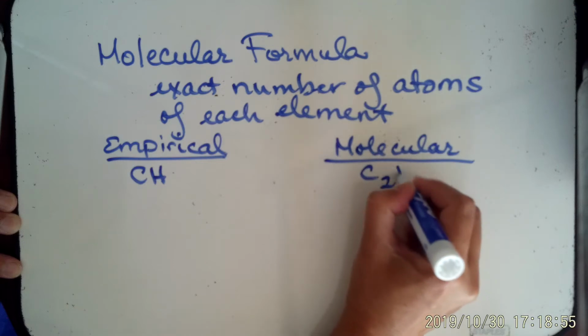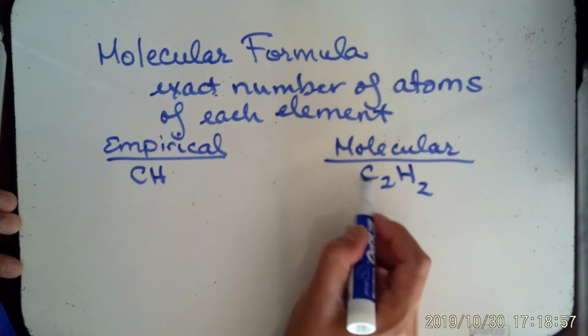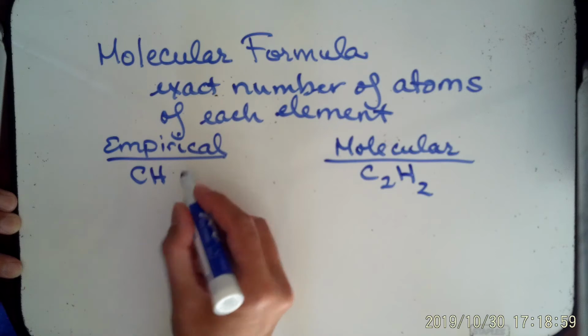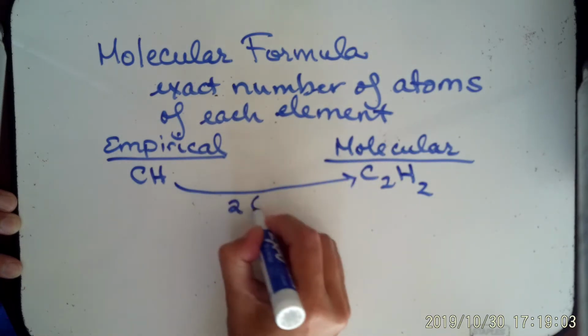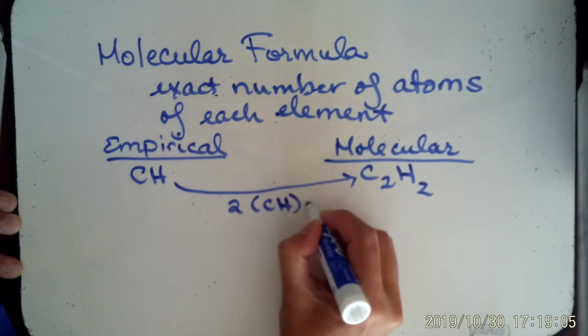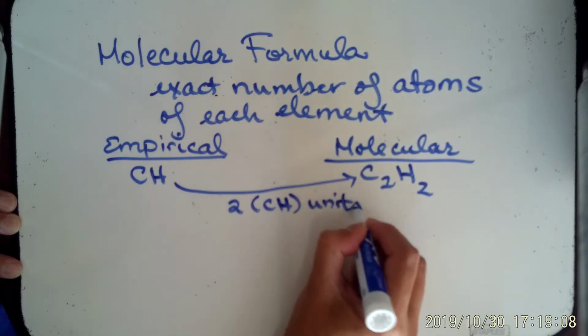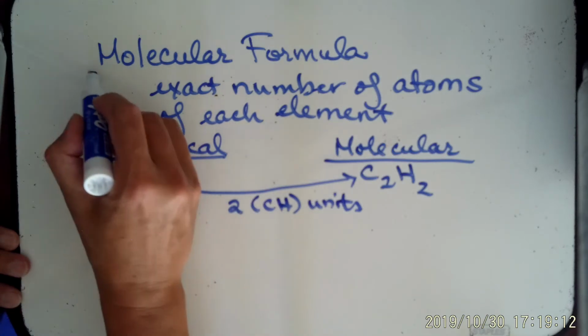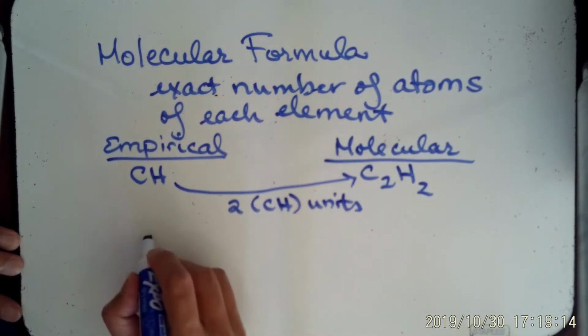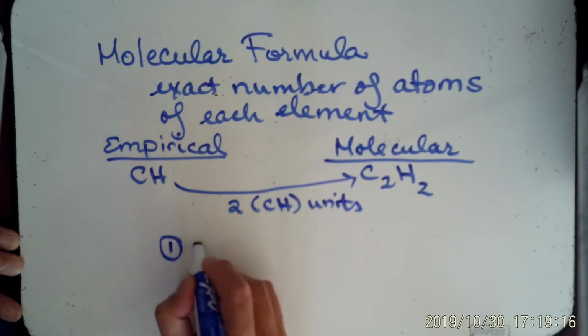So, this is my molecule, this is the empirical formula. To get here, I needed 2 CH units. Okay, so what are the requirements in order to get the molecular formula? So we need, one, the empirical formula.